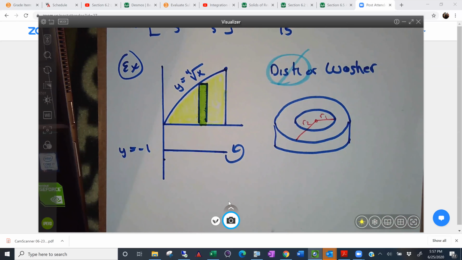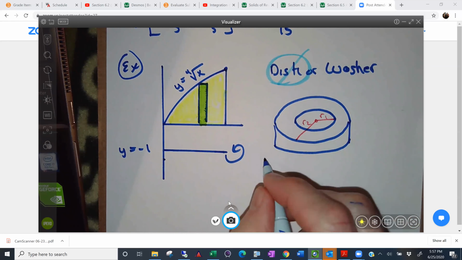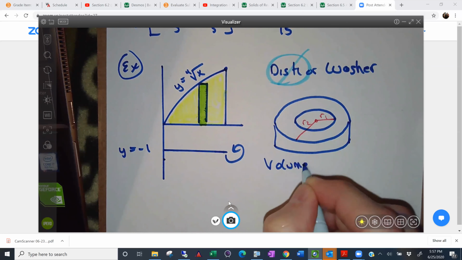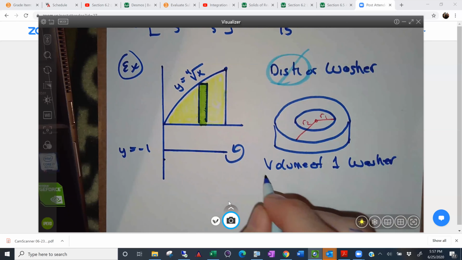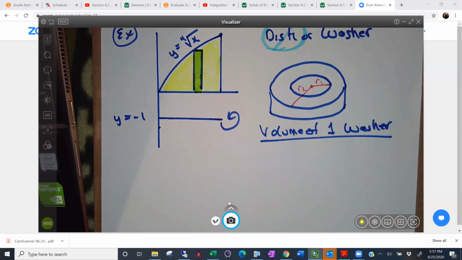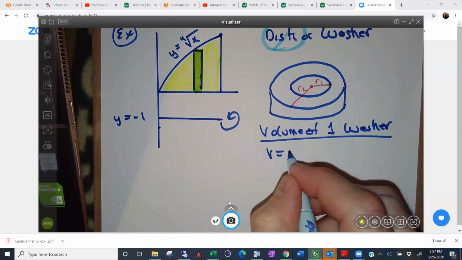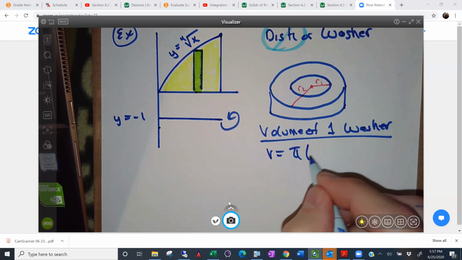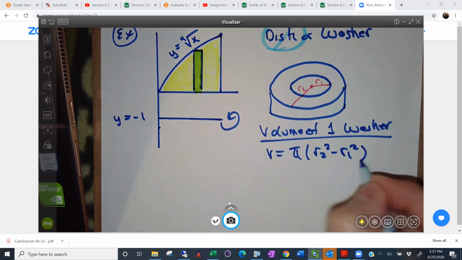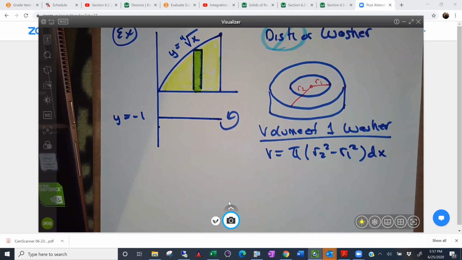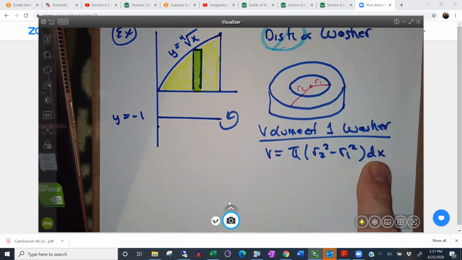And let's just cut right to the chase and find the volume of one washer. So the formula that I suggested that you use, and the shortcut to all of this, is pi times R2 squared minus R1 squared times dx. Now, if you're taking a dy slice, then this would be a dy. But that's going to depend on the direction you have to take your slice.